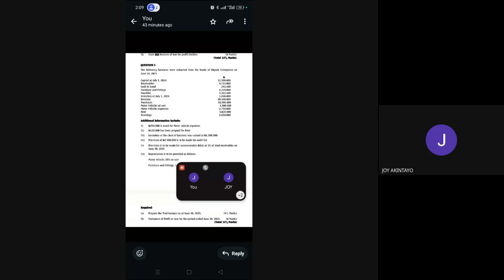Next thing, rent. Where are we putting rent? Debit side. It should be a debit. Why?